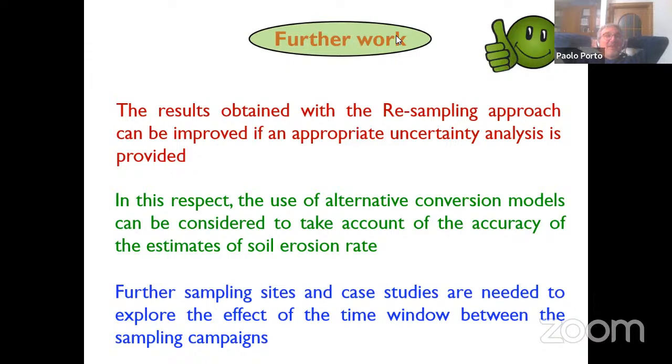So I think we can repeat this analysis 3 or 4 more times in order to see for different time windows how the technique works. So no, it's not a problem. Actually, yeah, it could be a problem where the cesium amount is very low, like in the southern hemisphere.